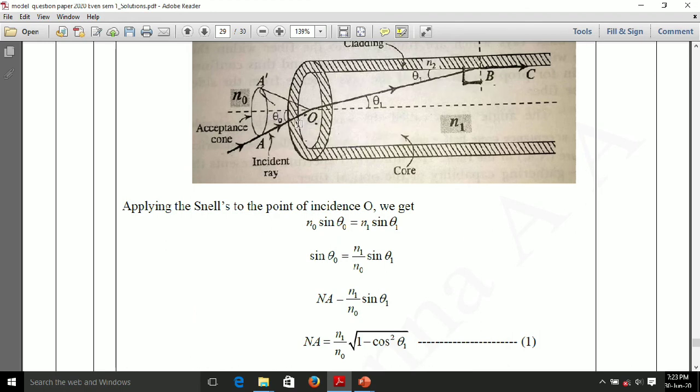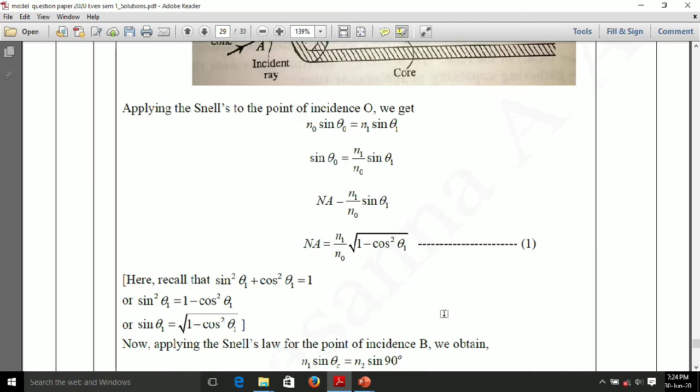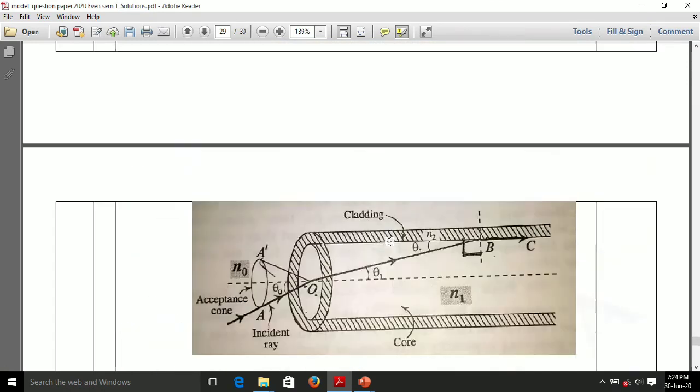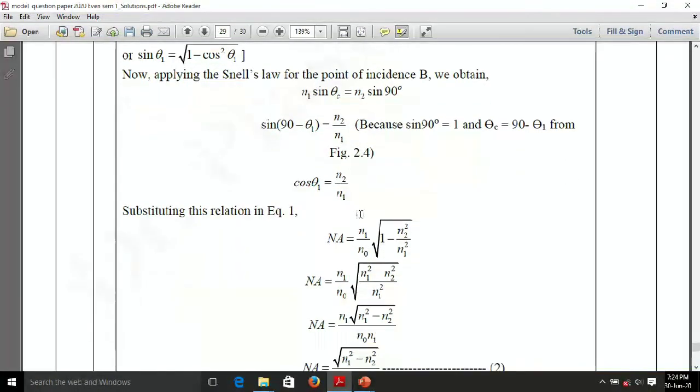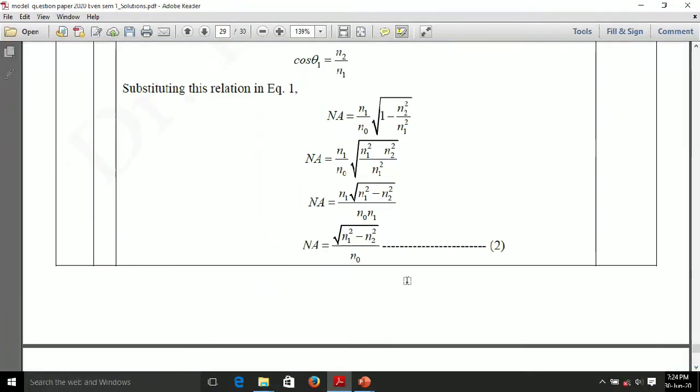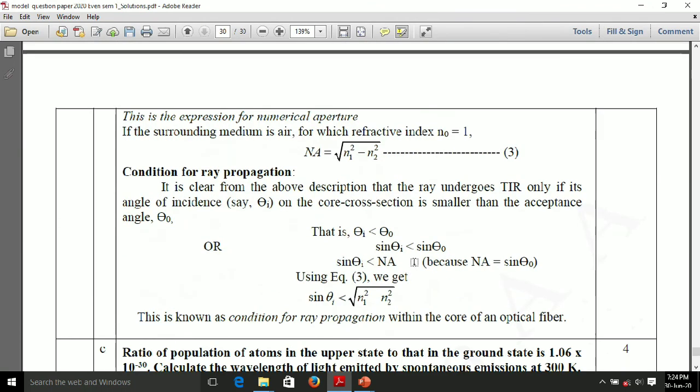You are talking about sin theta naught, sin theta 1, sin theta c, it is not shown here, sin theta c should come here, means critical angle. So all those things are with reference to this particular diagram. So the diagram is required, and after the diagram only you can write these equations and explain each and every step.